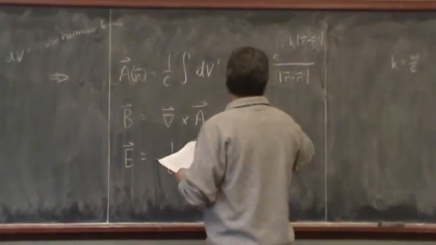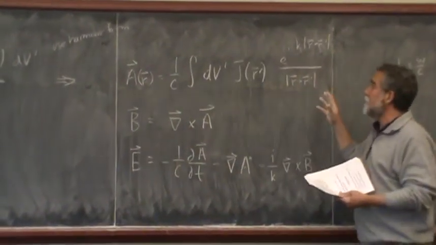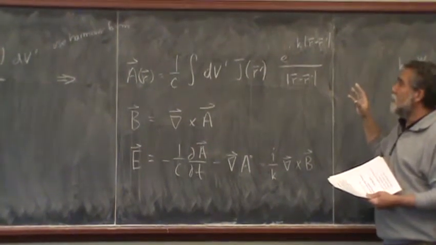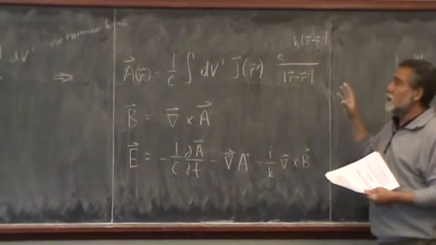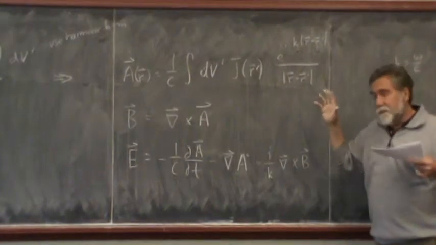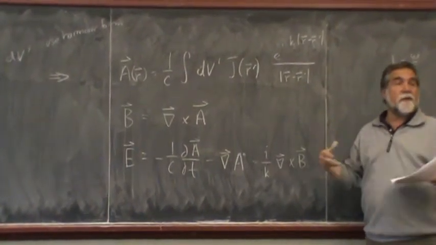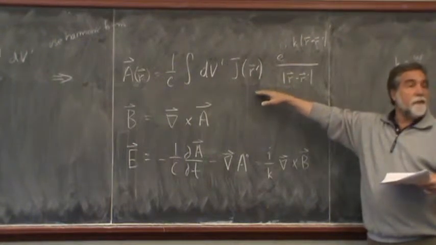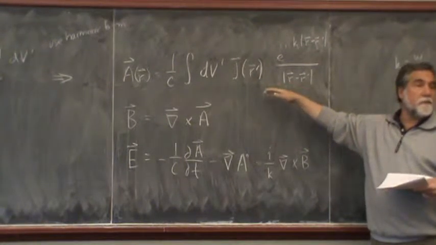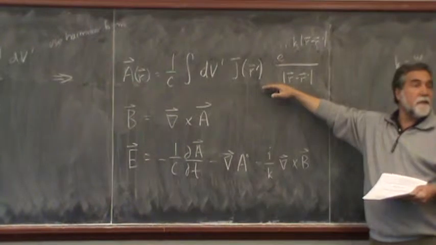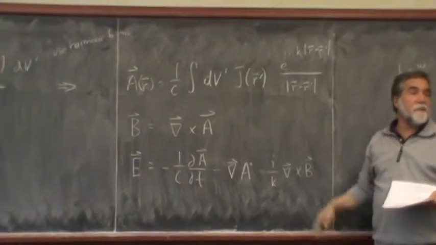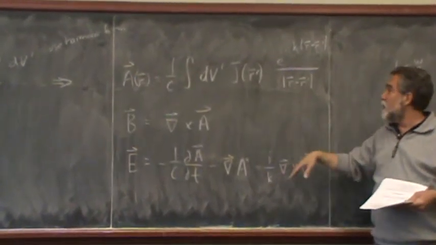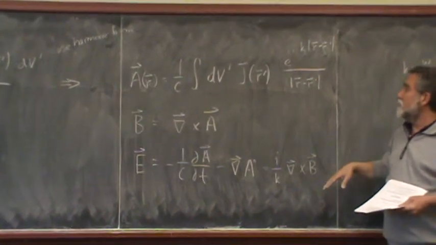All right, again, if we have a complicated current, first thing we do is break the current up into its harmonic components, and then we can calculate the vector potential from each of the harmonic components, and then take curls and derivatives in order to find the fields.